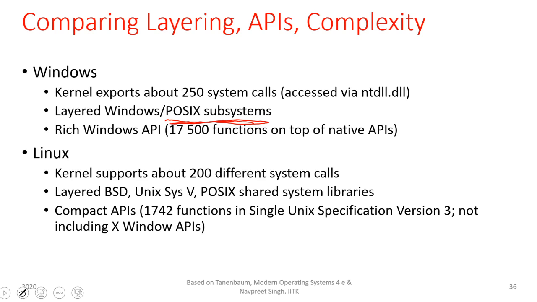But given the windowing system is not part of the Linux kernel, it has a significantly smaller number of system calls relevant to that implemented in the kernel. But other than that, both of them are fairly capable operating systems in that sense as well.